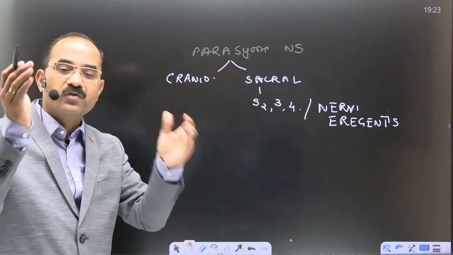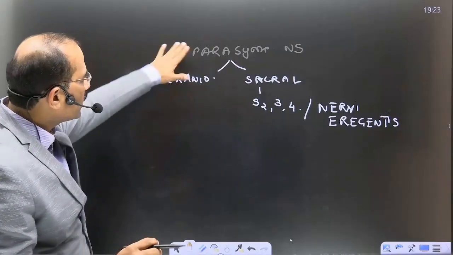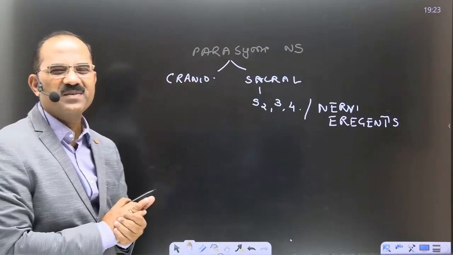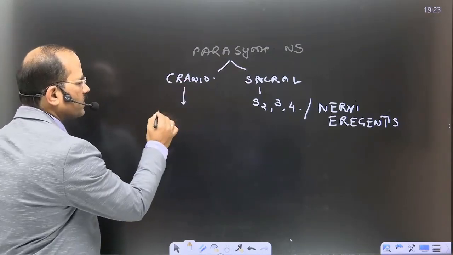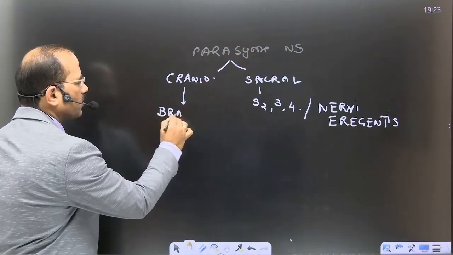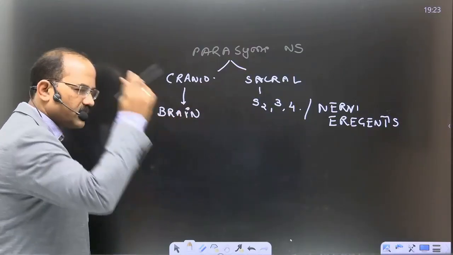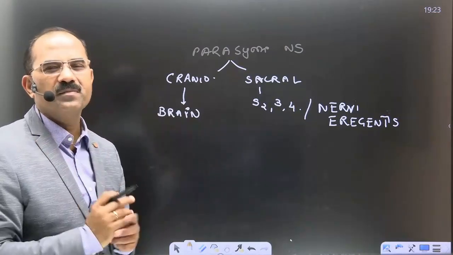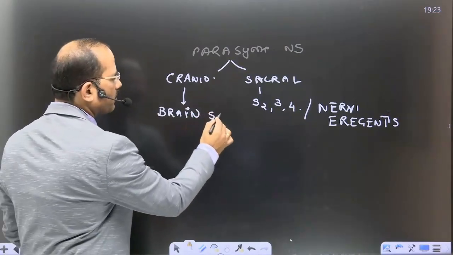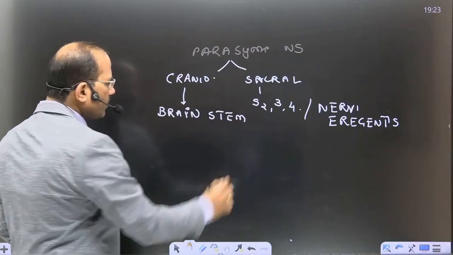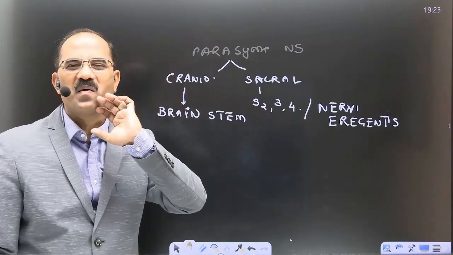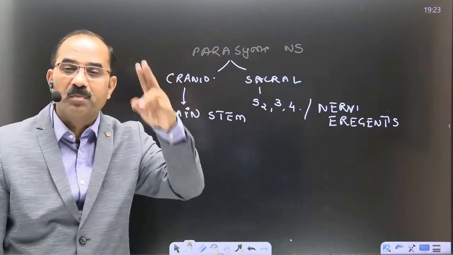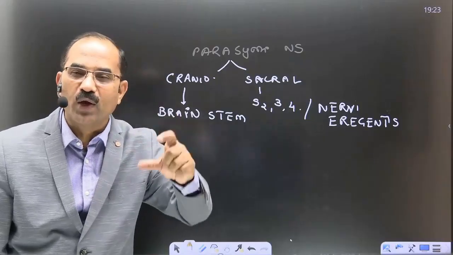Okay, we are not much concerned about the sacral part. What is important for us here is the cranial outflow of the parasympathetic nervous system. Now, where does this cranial outflow begin? It begins in the brain, you can say it begins in the brain stem. That means the brain stem will have nuclei, and what would begin from the brainstem are the preganglionic fibers.